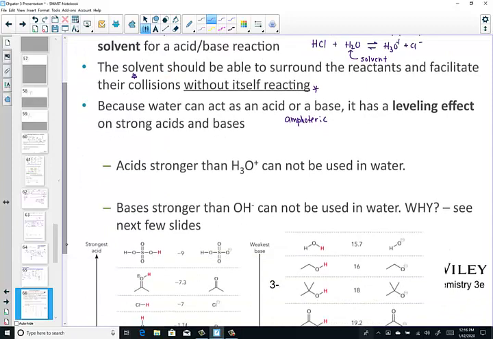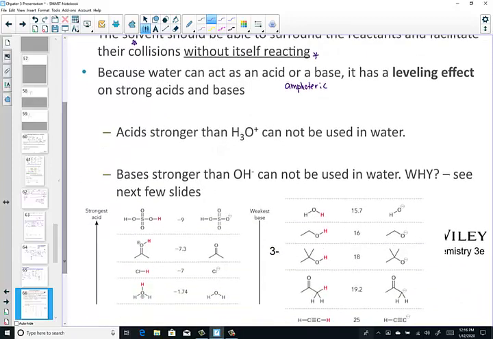Acids stronger than hydronium cannot be used in a water medium. Here's hydronium on your pKa chart. If I'm using an acid that's stronger than hydronium, it actually consumes that acid and takes it out of the reaction.